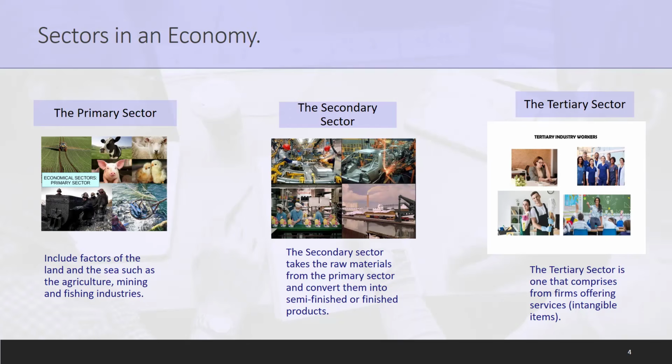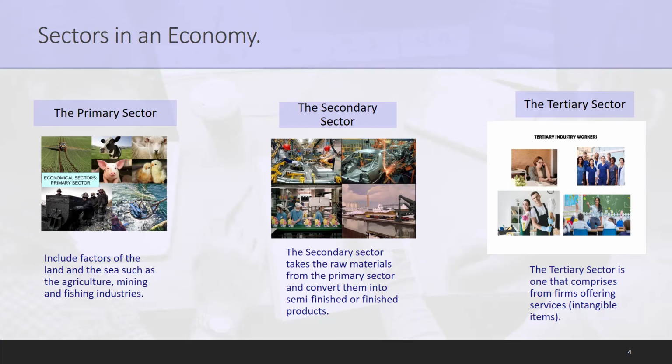And then the tertiary sector looks at providing services, intangible assets. So the taxi driver, the barber, the hairstylist, the makeup artist, those who are providing services will be part of the tertiary sector. Everybody good with the differences? Yes, sir.